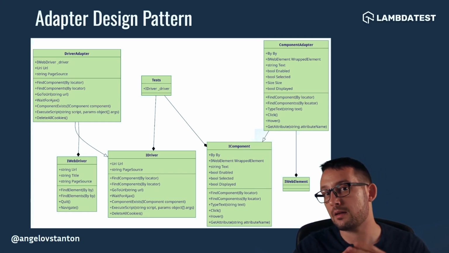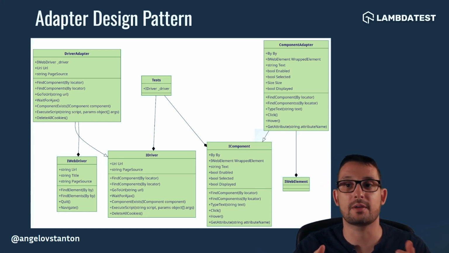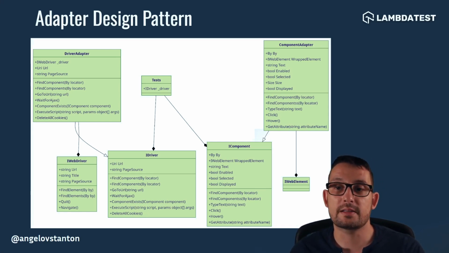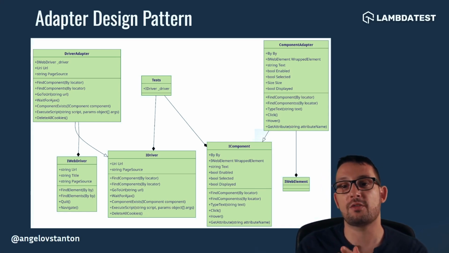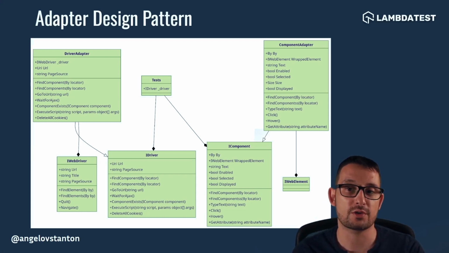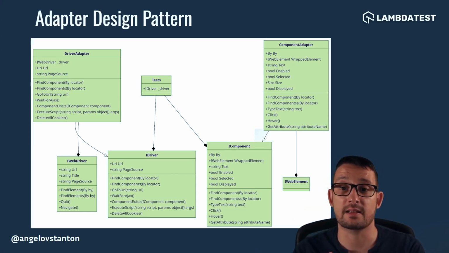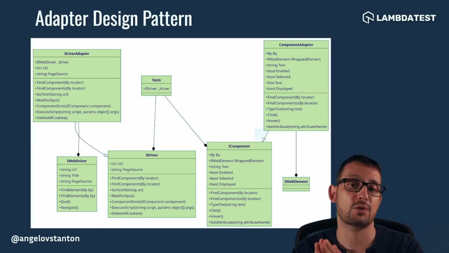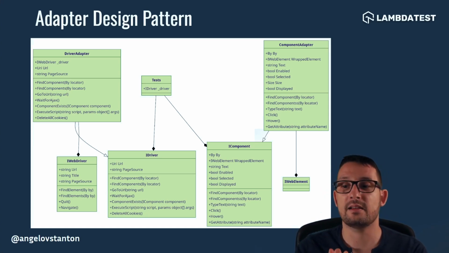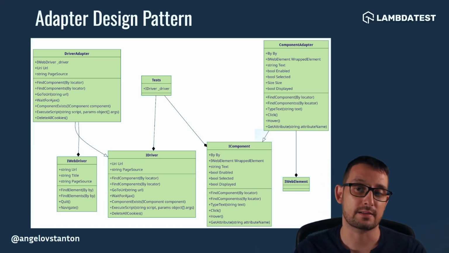Let me quickly refresh your memory about the composition principle. This is a principle where classes should achieve polymorphic behavior and code reuse by their composition, by containing instances of other classes that implement the desired functionality, rather than inheritance from a base or parent class.